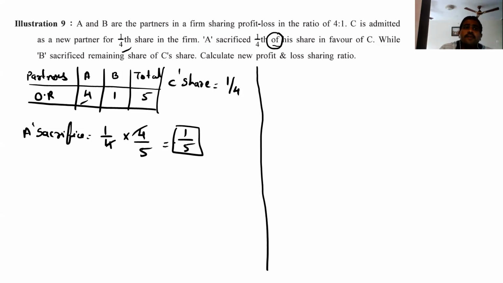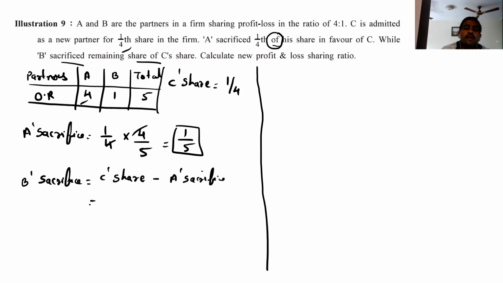While B sacrificed the remaining share. So remaining share, the same concept which we have done in illustration number 8. So what we have to do? I have to calculate B sacrifice. B sacrifice is equal to C share, the new one, minus A sacrifice.